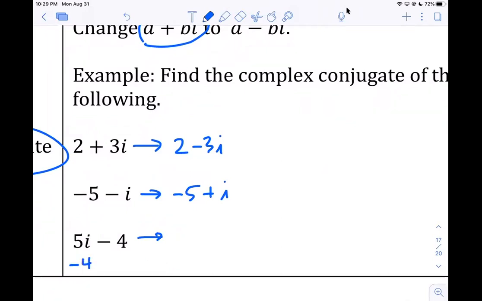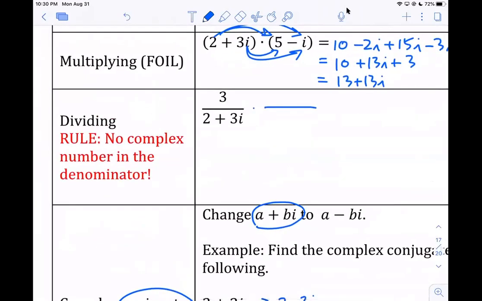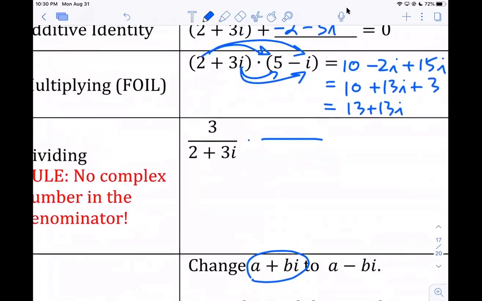So a plus bi form is this one, and then the complex conjugate would be -4 minus 5i. But for what we use complex conjugate for, it really doesn't matter. As long as we change the sign in between the two terms, you will get the same answer anyways. So we're not super strict in using that. Anyways, so let's come back here. If we want to get rid of this complex number in the denominator, we have to multiply by the complex conjugate, which is 2 minus 3i.